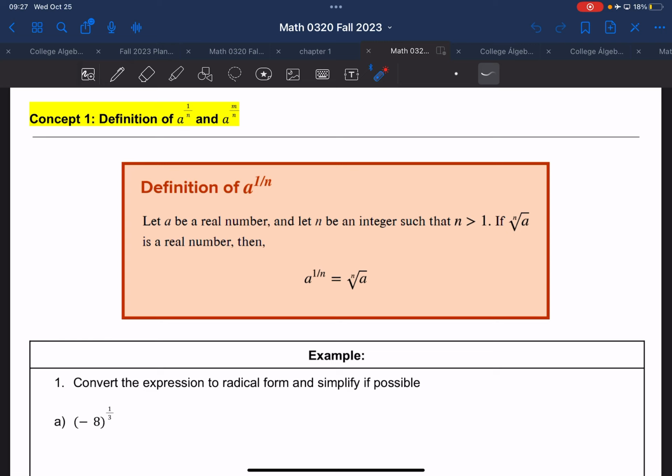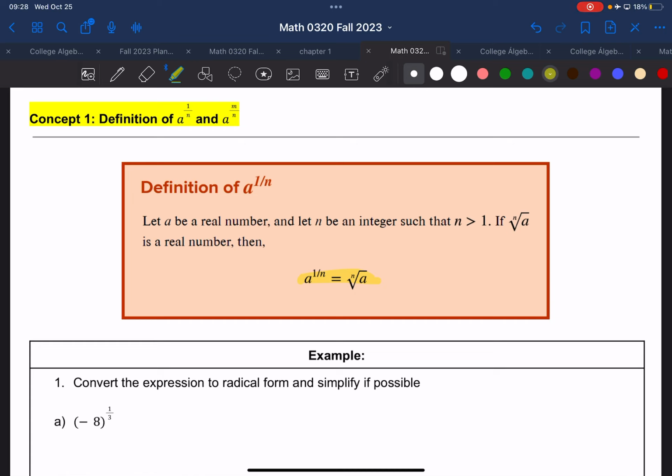So the first concept here is the definition of a to the power of 1 over n and a to the power of m over n. The definition of a to the power of 1 over n is just saying that we can take the nth root and write that nth root as a power.